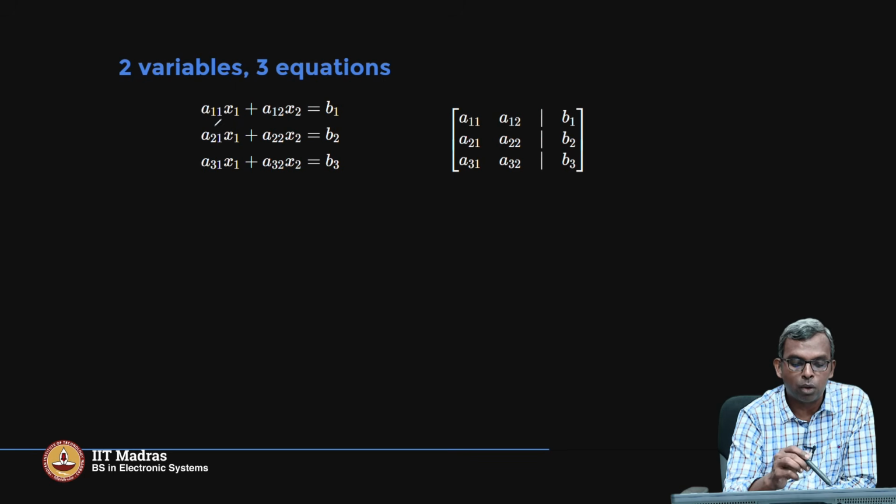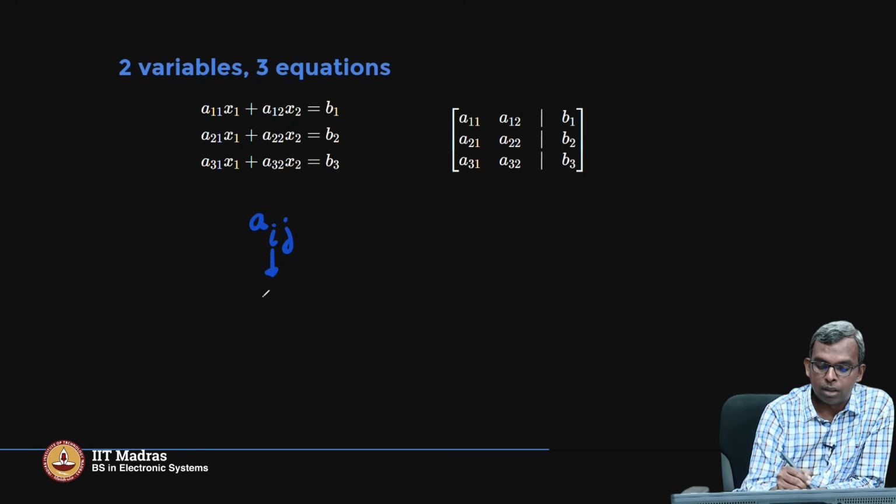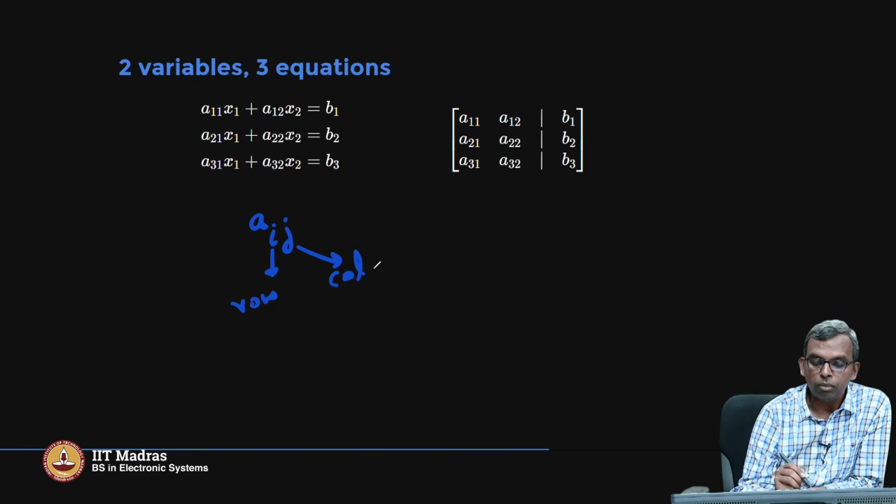So these coefficients are basically aij, right? The coefficient is going to be aij. i is the row and j is the column. Okay, so you see that is the notation here.